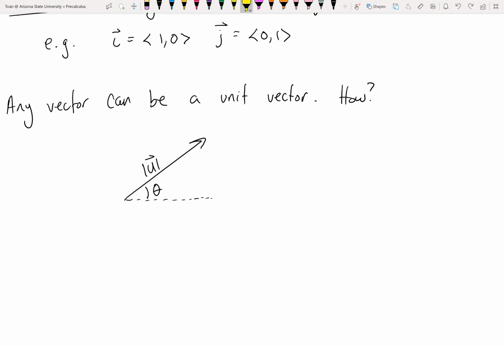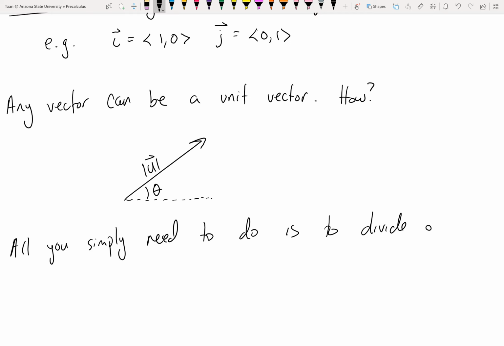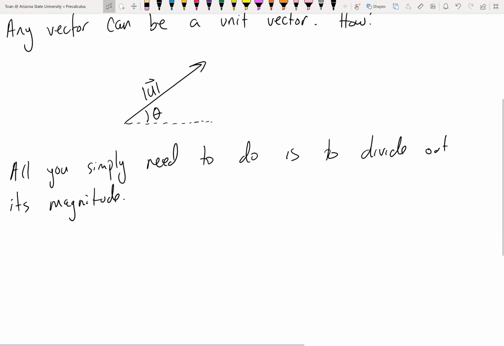So the way you make any vector a unit vector is simply to divide it by its magnitude. So any vector can be a unit vector. How? All you need to do is divide out its magnitude.